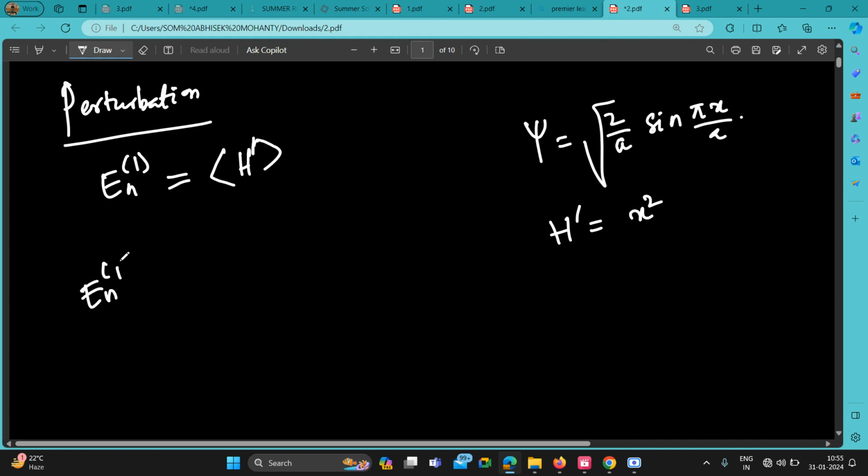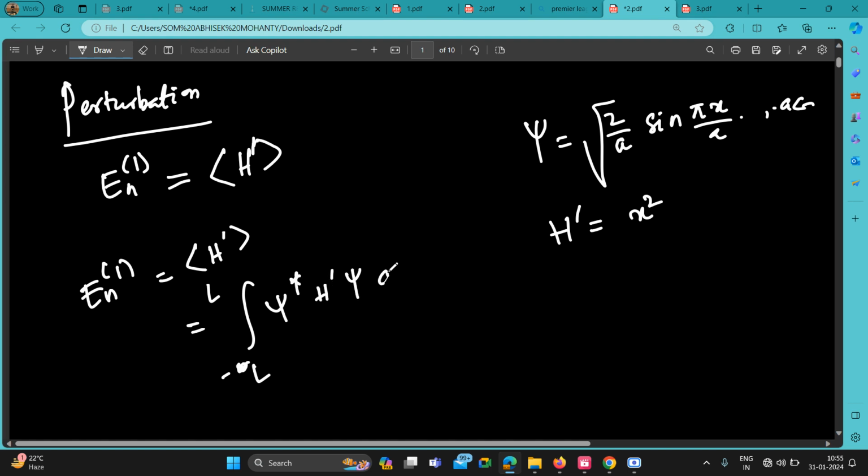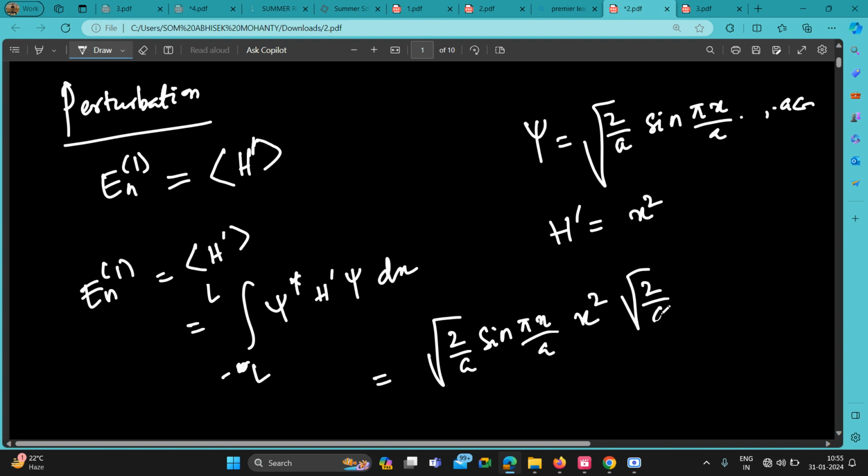E_n^1 will be the expectation value of H dash, that means integral from minus L to L, or whatever the limit given here, say minus a to a, of psi star H dash psi dx. So we put the value here: root over 2 by a sine pi x by a, H dash is x square, times root over 2 by a sine pi x by a, dx, integration from minus a to a.